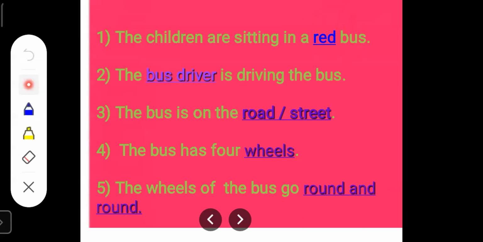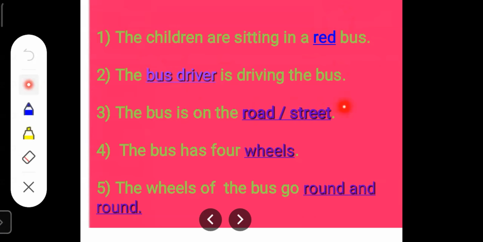Second sentence is already done. The bus driver is driving the bus. Third is the bus is on the road or street. Any one word you can write. You can write road or street.